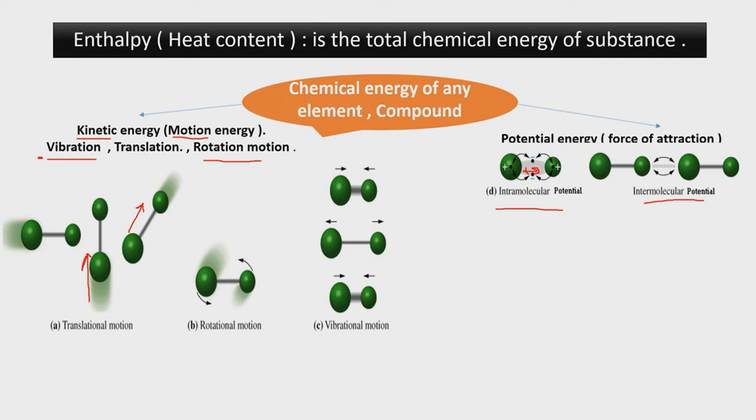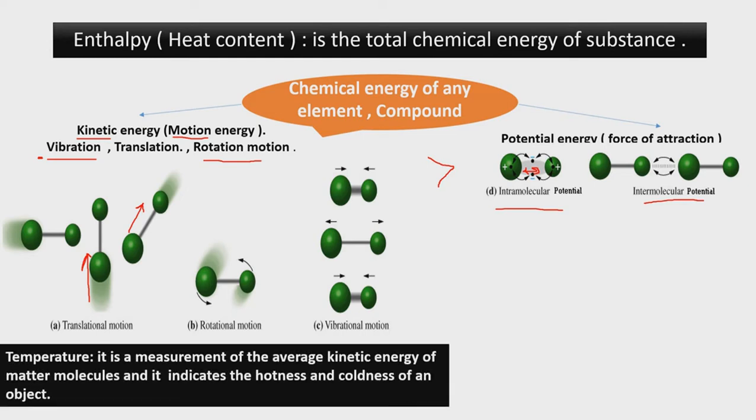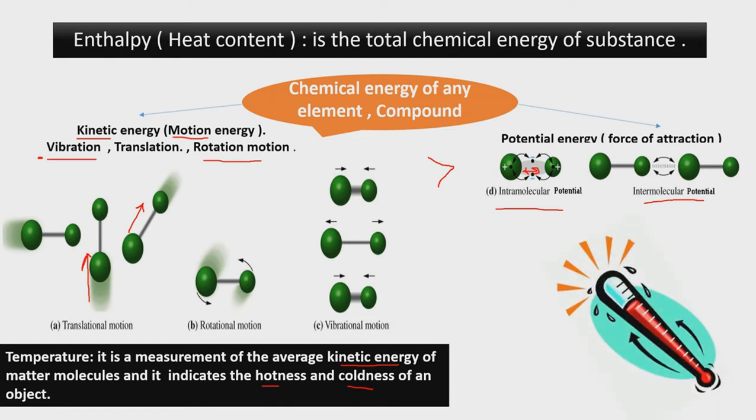Temperature is defined as the average change in the kinetic energy of the compound. By measuring the temperature, we can say if the compound is hot or cold. We can measure the temperature of the compound by using a thermometer. Of course, in the lab, we can use a thermometer for measuring the temperature of the compound or of a chemical reaction.